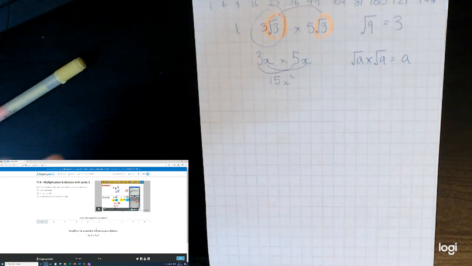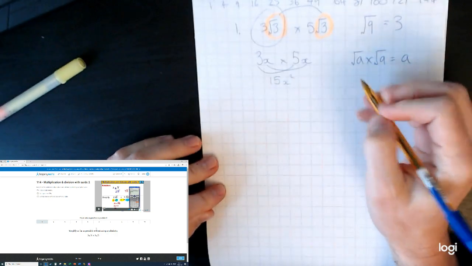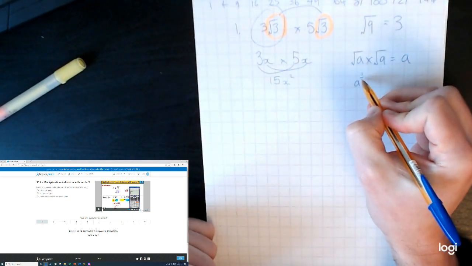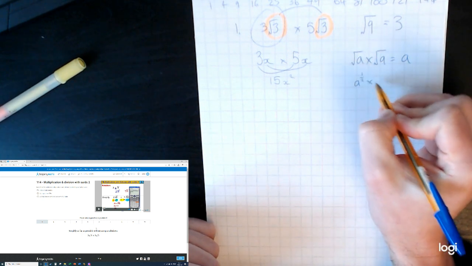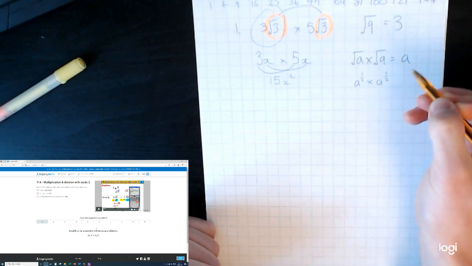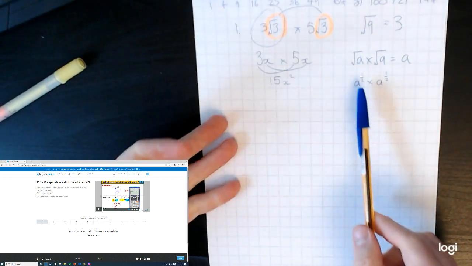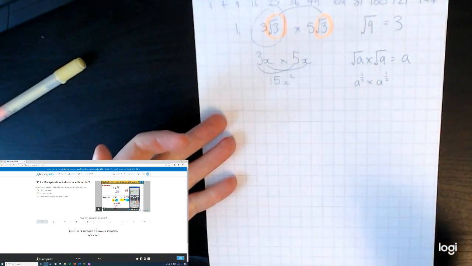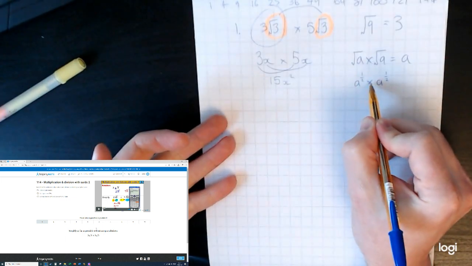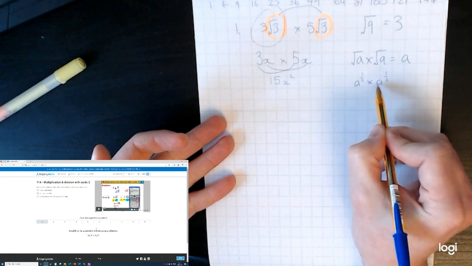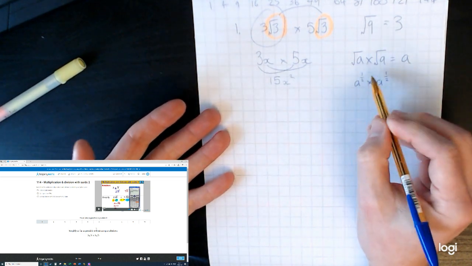We can link this into other areas of maths. Writing something to the square root is to the power of a half. So we actually have a to the half times a to the half. If you remember from your laws of indices, when we multiply indices and the base is the same, the base being a here, we just add them.